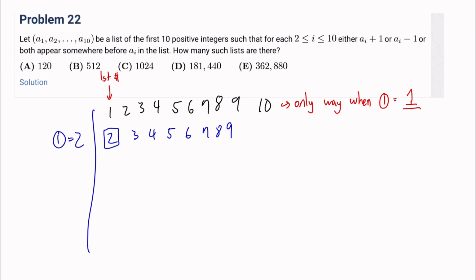And so 3, 4, 5, 6, 7, 8, 9 must be in this order, and 1 can go anywhere in here. So all of these placements of 1 are possible.